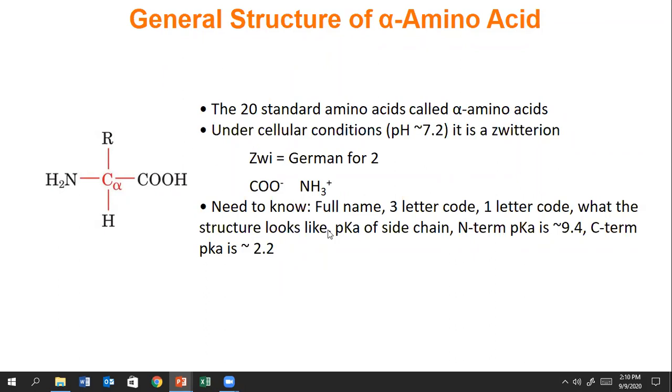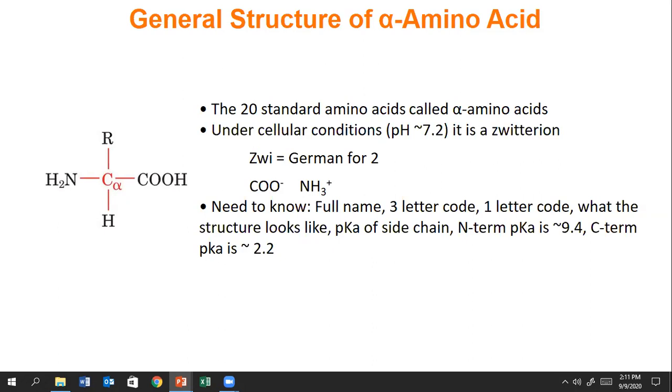What you need to do for me is you need to know the full name of the amino acid, the 3-letter code, the 1-letter code, what the amino acid looks like, the side chain, if the side chain has a pKa, and the N-terminus and C-terminus are set. So the N-terminus pKa of all amino acids is 9.4. Usually I just say 9. C-terminus I usually say is 2.